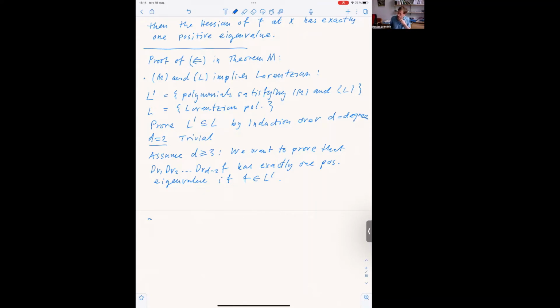But we know that the Hessian of this is just going to be a constant matrix, right? A matrix with real entries.